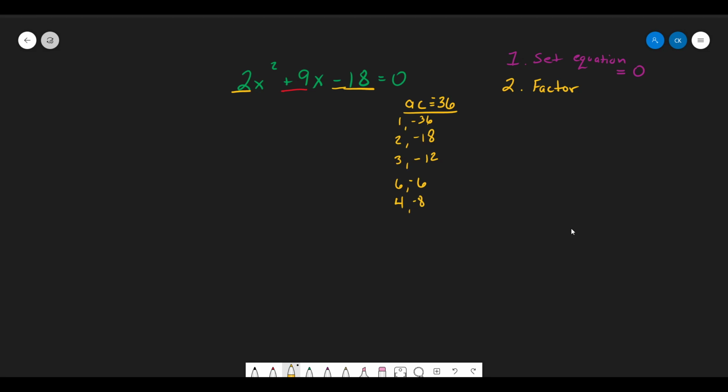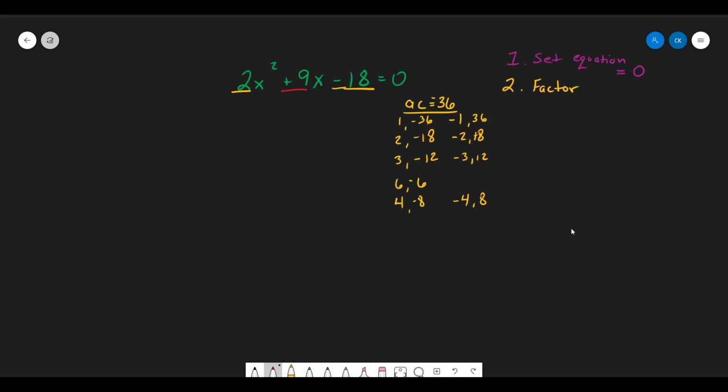Oh, sorry, these should be negative. And then I can switch them around. I could say negative 1 and 36, negative 2 and 18, negative 3 and 12, negative 6 and 6. That's going to be the same either way, so I don't have to worry about it. But negative 4 and 8.